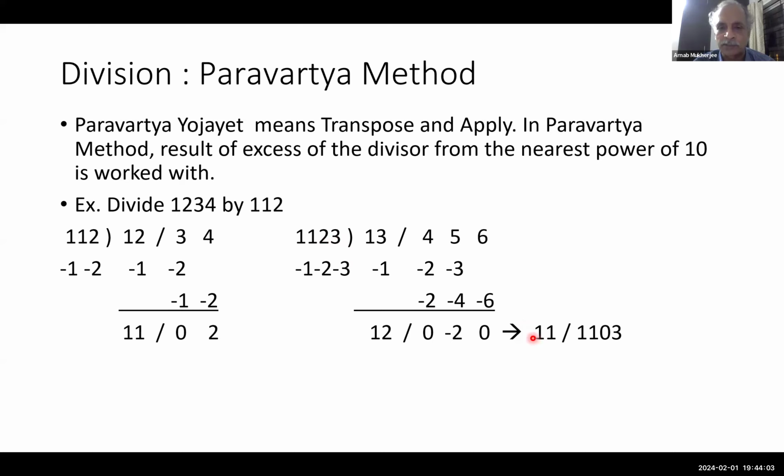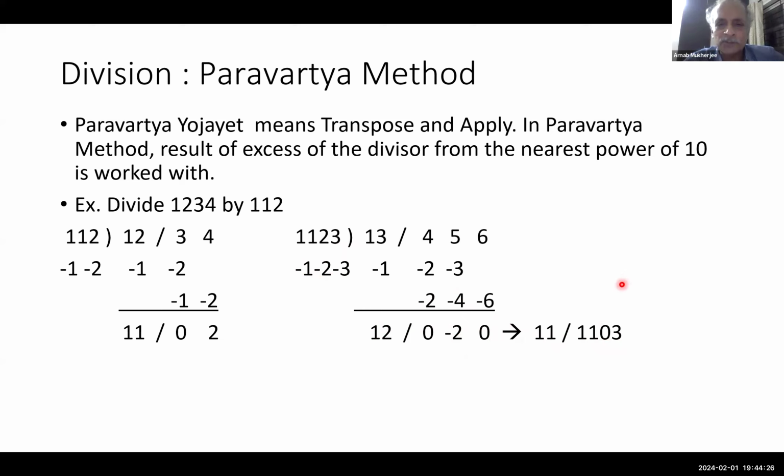Actually, the quotient is not that much. 11 was my quotient and 1103 was my remainder. It is like this: 12 into 1123 minus 20 is the same as 11 into 1123 plus 1103.